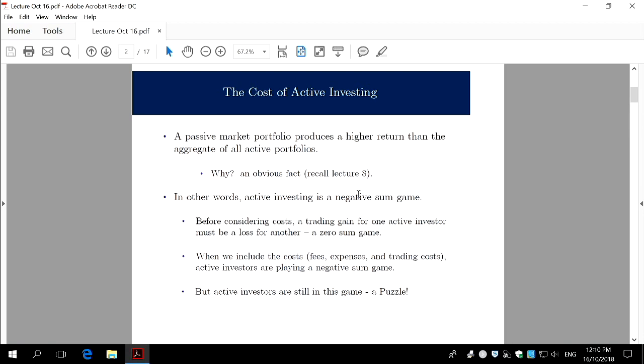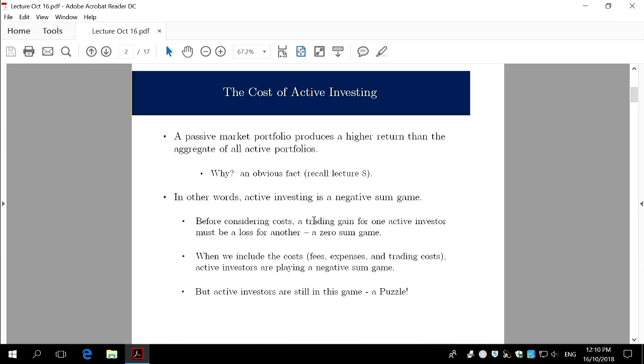So in other words, active investing is a negative sum game. Why? If there is no cost of active investing, before considering cost, then it's a zero-sum game. Why is it a zero-sum game? Some active investors gain, some other active investors lose.